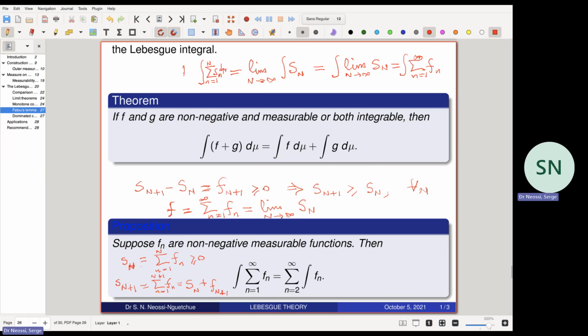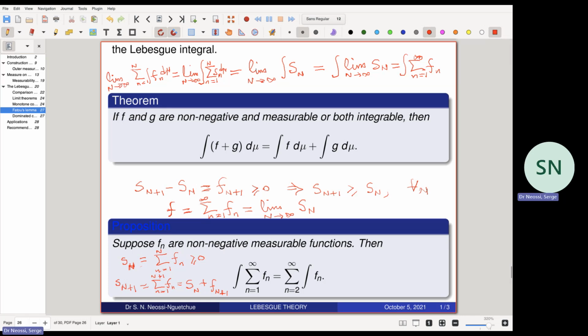So I can take this finite sum out of the integral, and this will give us the sum, n running from 1 to capital N, of the integral of f sub n d mu, and the limit will still be in front here.